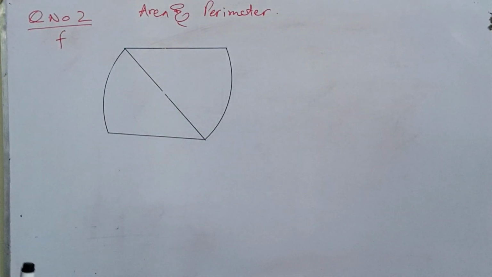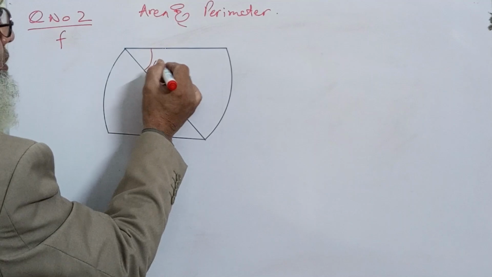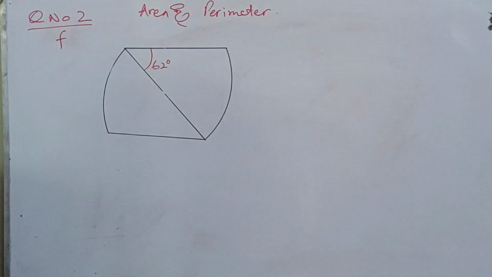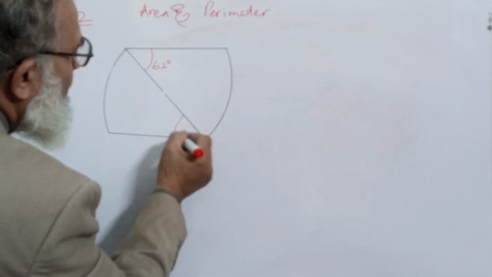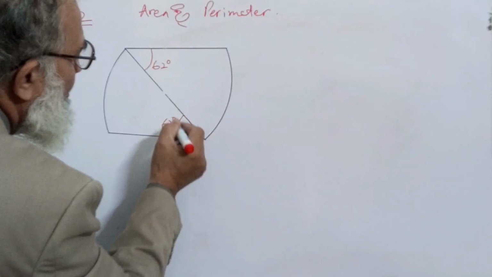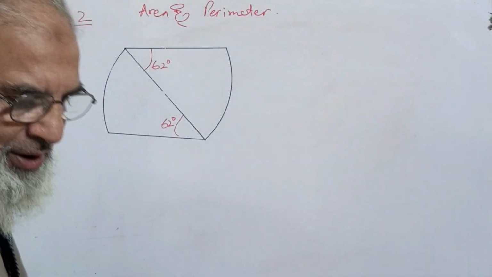Now if I write the dimensions, you will quickly recall my previous lectures. Now this is 62 degrees, and this is also 62 degree. And also what else is given?